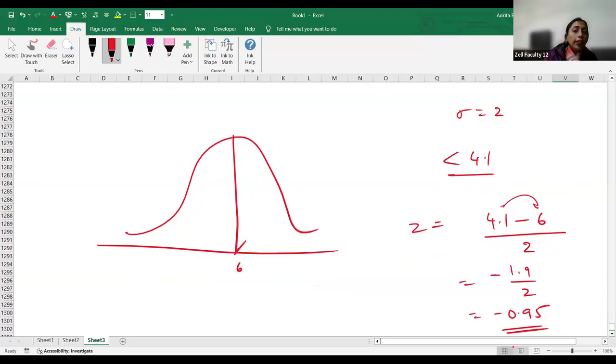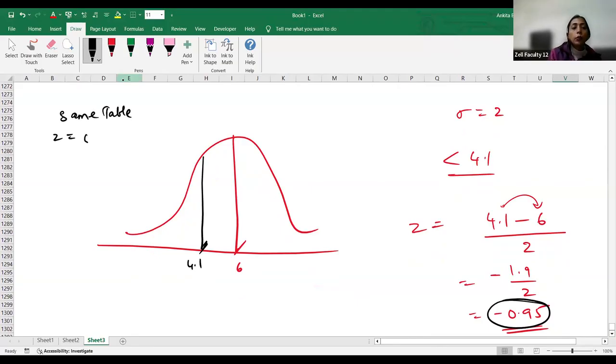It's 4.1 minus 6, because if I draw it here on the graph, where is 4.1 coming? On the left side. So the Z value that I'm getting is negative 0.95. How do I find the value for negative 0.95? For negative 0.95 also, you have to take the same table.